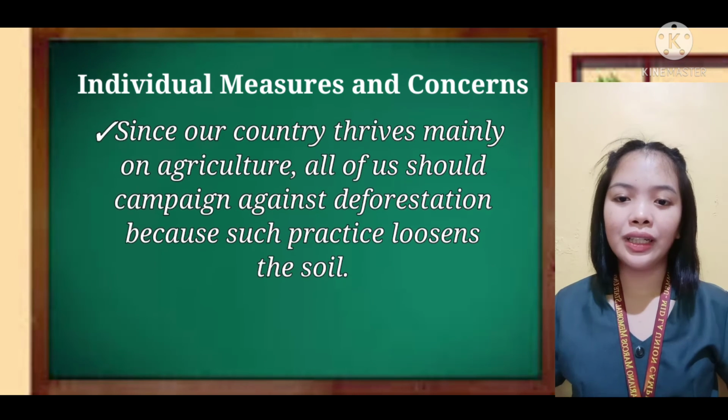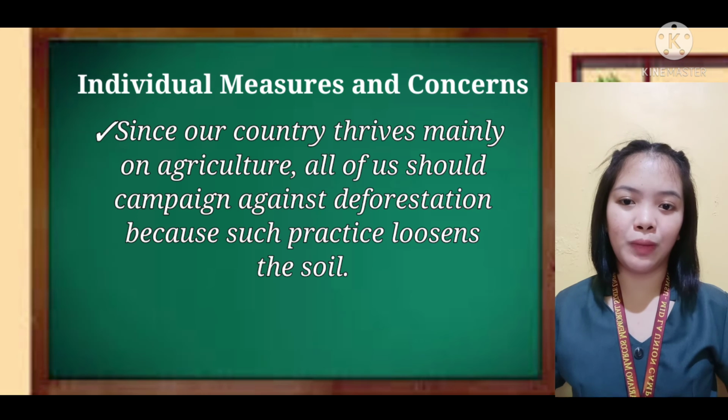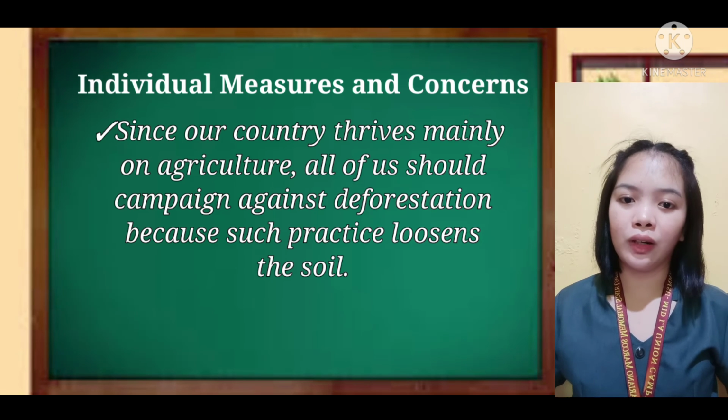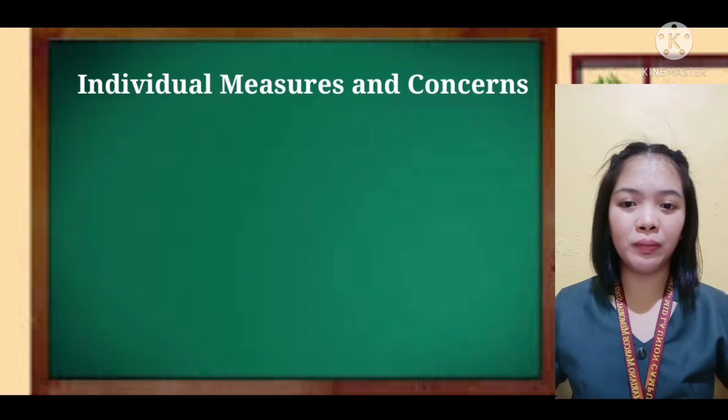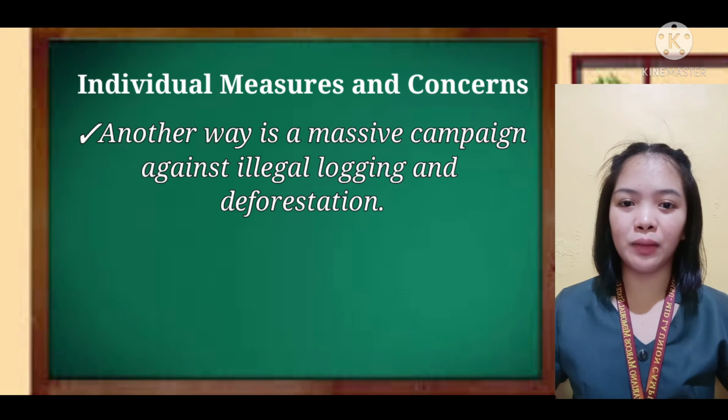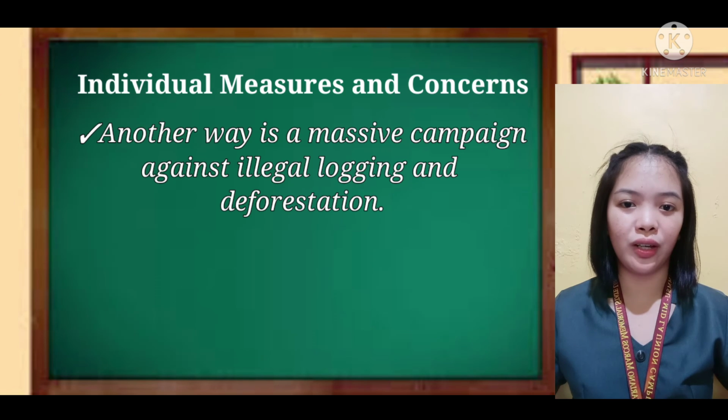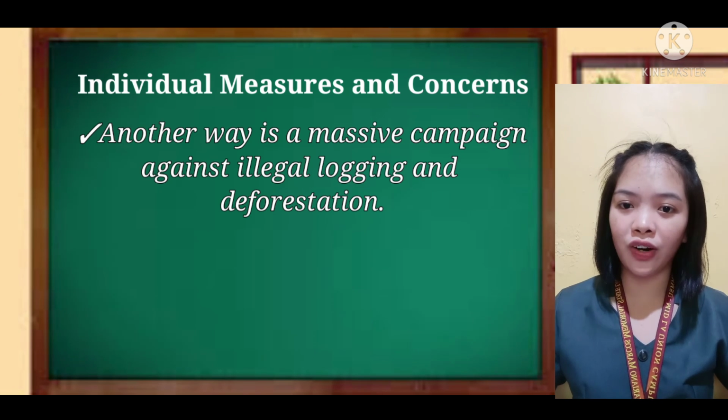Number 4, since our country thrives mainly on agriculture, all of us should campaign against deforestation because such practice loosens the soil. Loss of valuable soil content can greatly affect our economy. Number 5, another way is a massive campaign against illegal logging and deforestation. We have to be concerned about the preservation of our forests.